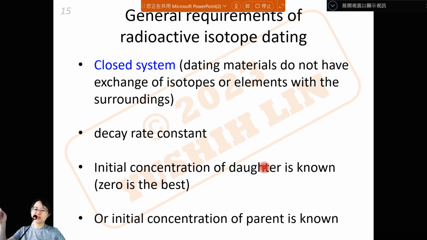If you know the initial concentration of the daughter, and the daughter you measure today is different from the initial concentration that you know, then you will know that all the extra daughter comes from the parent. Then in a way, you know A0. The best would be for this material, the initial daughter concentration is 0. You might ask, is there any case like that?